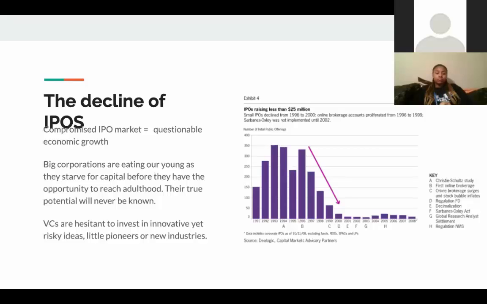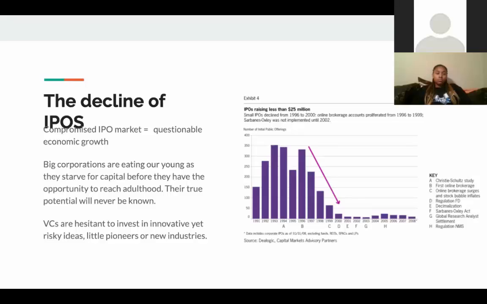And so they never really had a chance to grow. And in turn, that has had venture capitalists hesitant to invest in innovative yet risky ideas. So there's few pioneers in new industries and technologies, and not only should this concern the economy, but also the science field and how we are headed as far as technology.